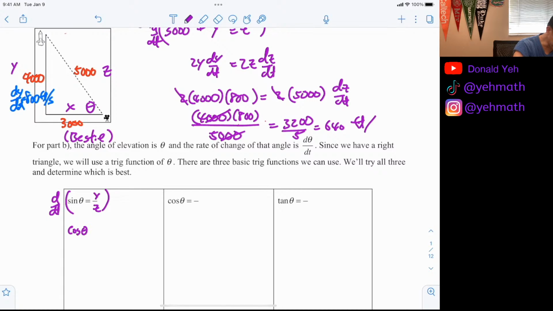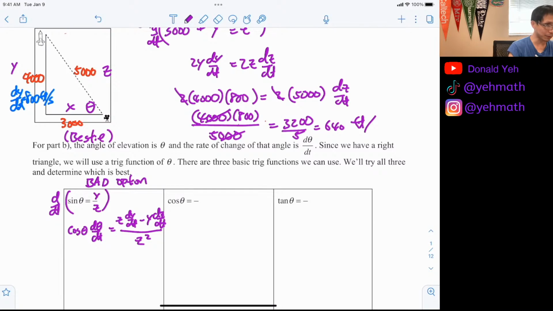So cosine theta d theta/dt is equal to low d high minus high d low over low low. Obviously, this is pretty bad. This is a bad option. Why? Because you have to know dy/dt, you have to know dz/dt, you have to divide by z squared. It's just not a pretty thing to plug in. And when he did that, it was very hard.